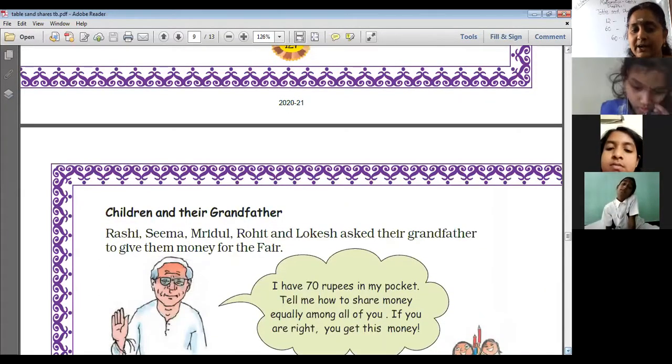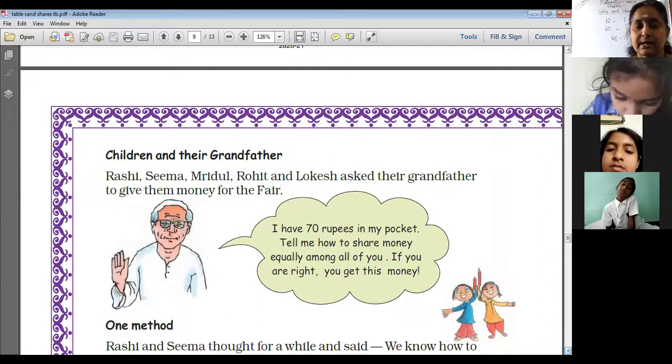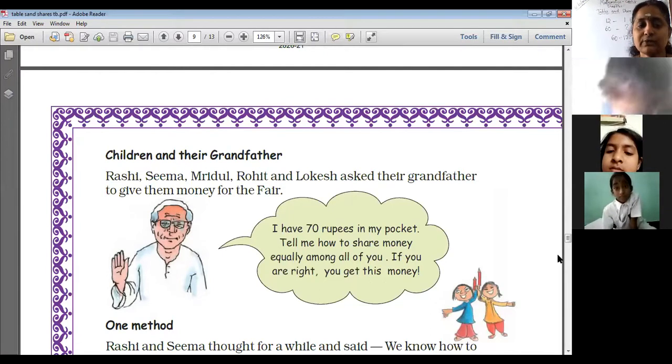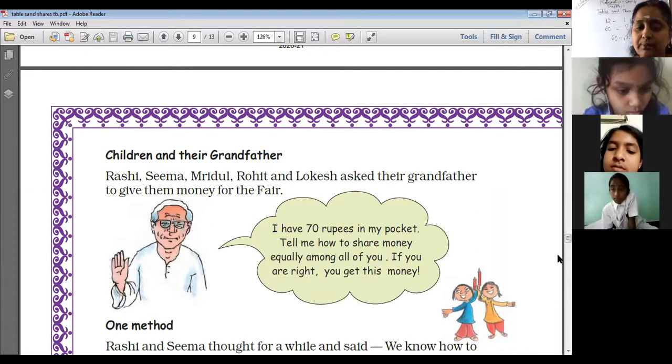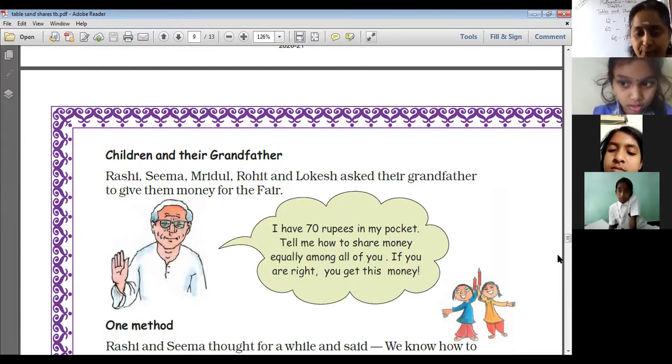Children and their grandfather. Rashi, Seema, Mrudul, Rohit and Lokesh asked their grandfather to give them money for the fair. I have 70 rupees in my pocket. Tell me how to share money equally among all of you.